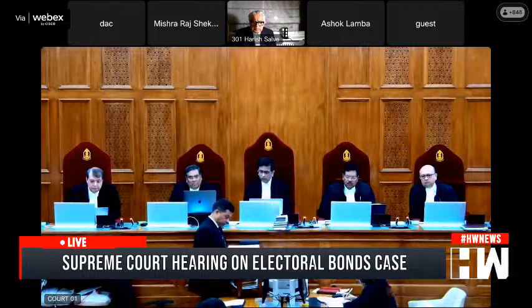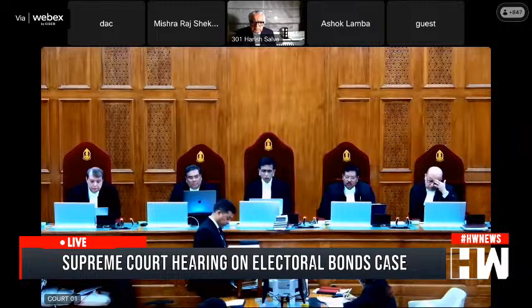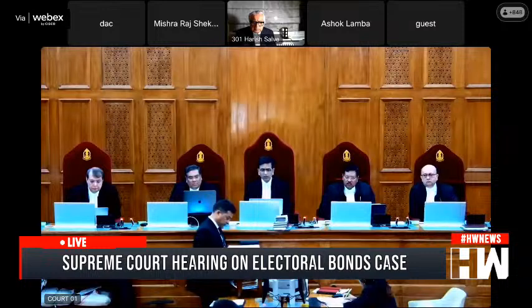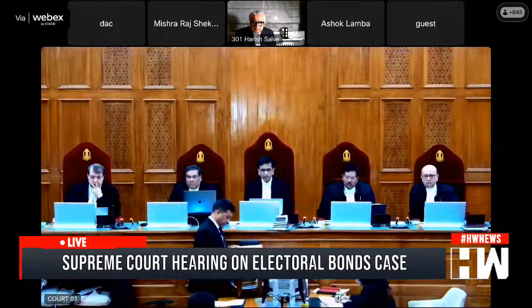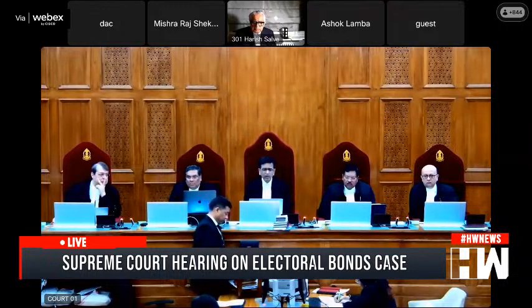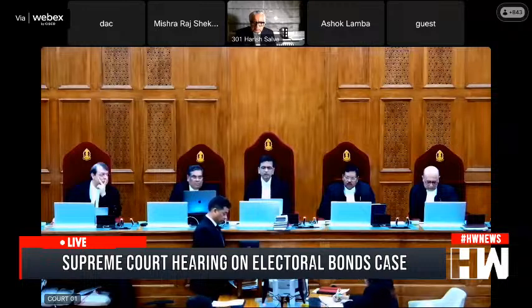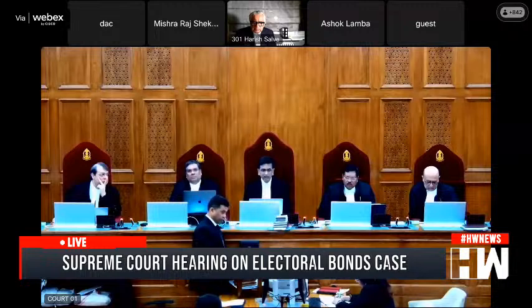Contributors who have an SBI account, as well as those who do not, have to submit the electoral bond application, Know Your Customer documentation, and proof of payment through NEFT, cheque, or demand draft. Thus, the details of the electoral bonds which have been purchased and which have been directed to be disclosed by this court are readily available.